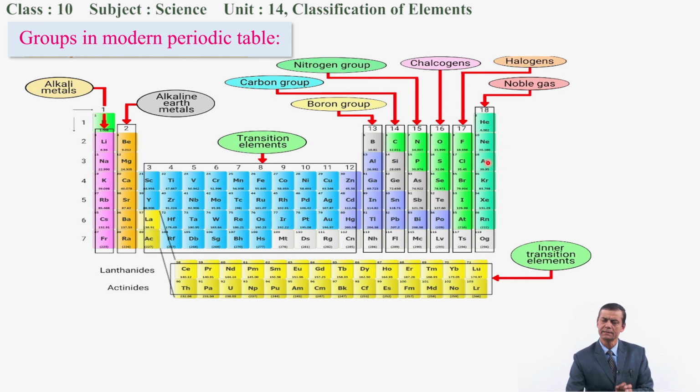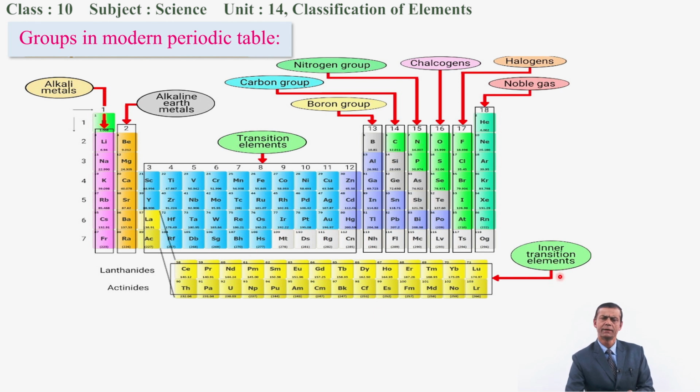Like this, these elements are classified into different groups according to their features, according to their characteristics. All the halogens have similar characteristics. All the alkali metals have similar characteristics, isn't it? So, by this process groups are formulated.